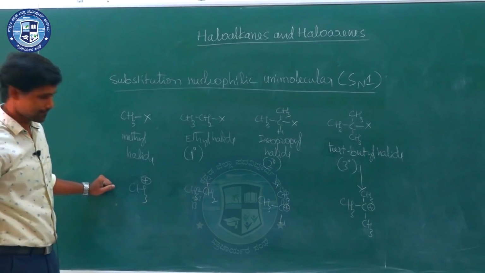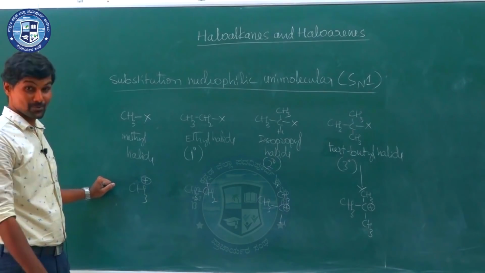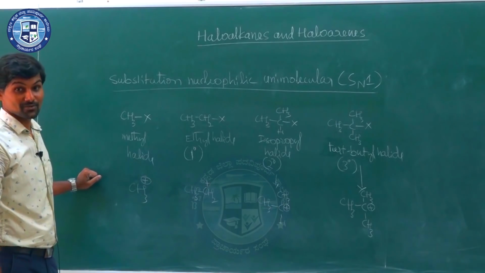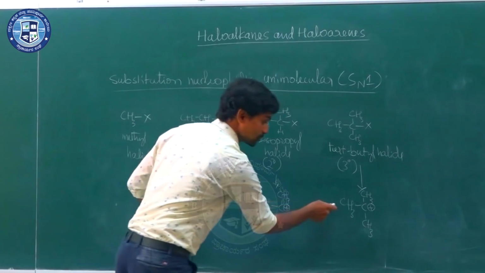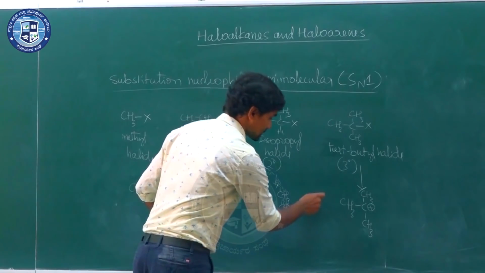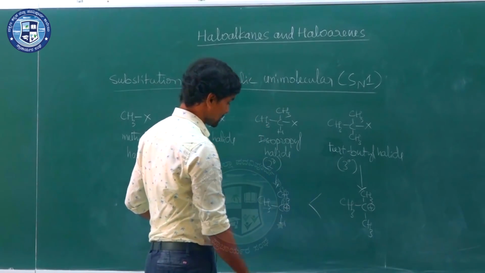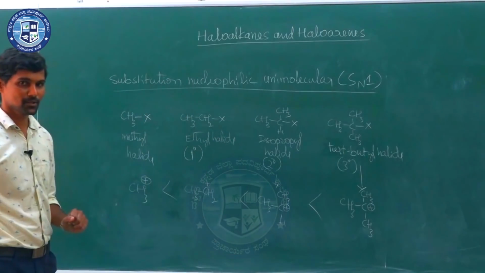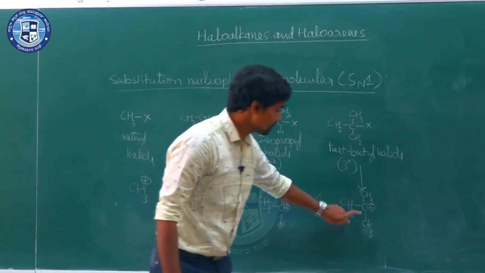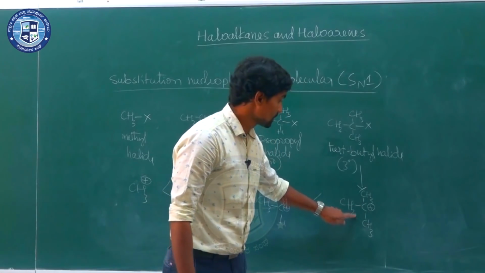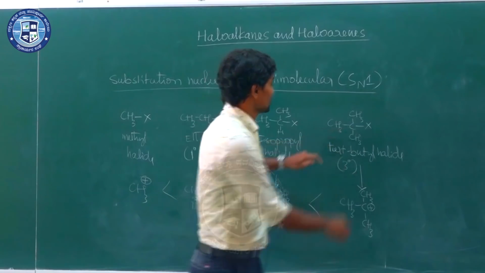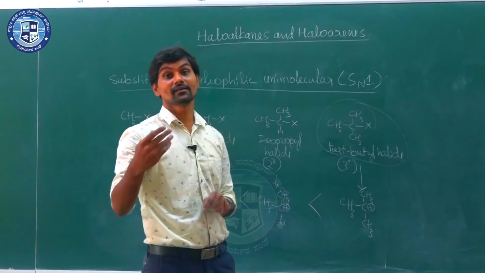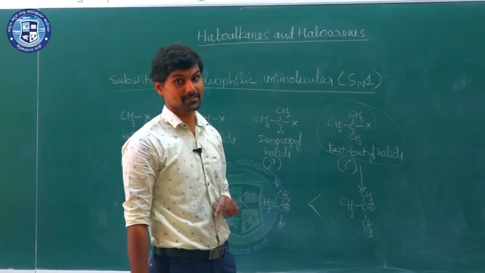And you have studied in first PU itself the order of stability of different carbocations. Tertiary carbocation is more stable than the secondary, than the primary, and then the methyl. Because the tertiary butyl carbocation is more stable, tertiary butyl halide will show very high reactivity towards the SN1 mechanism.